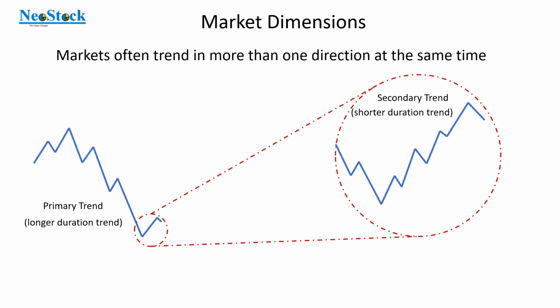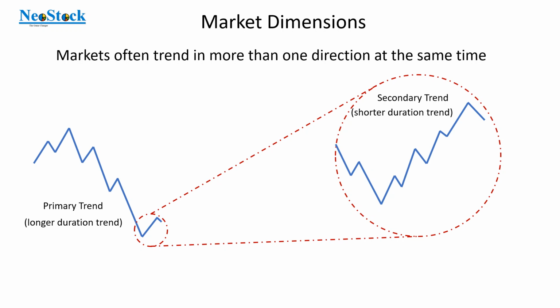The primary trend is called a longer duration trend and the secondary trend is called a shorter duration trend. Understanding the word duration is very, very important. Please focus on that: longer duration and shorter duration.